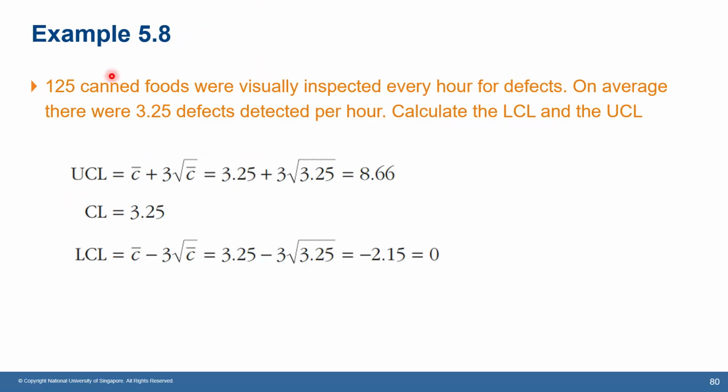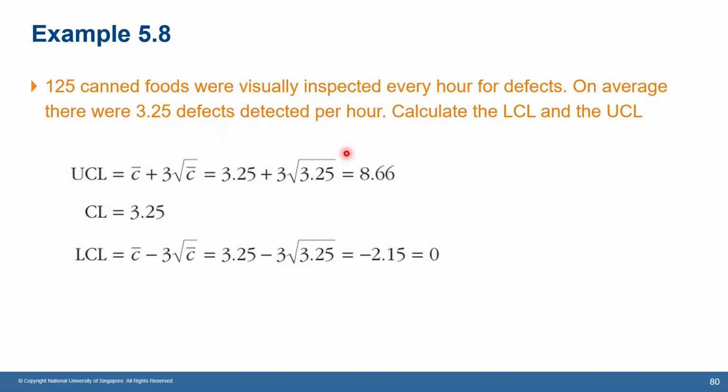For example here, we have 125 canned foods. They were inspected every hour for defects. On average, they detect 3.25 defects per hour. These 3.25 defects may occur on one item or two items, but it's on average 3.25 defects per hour, and you don't know the number of defective items.